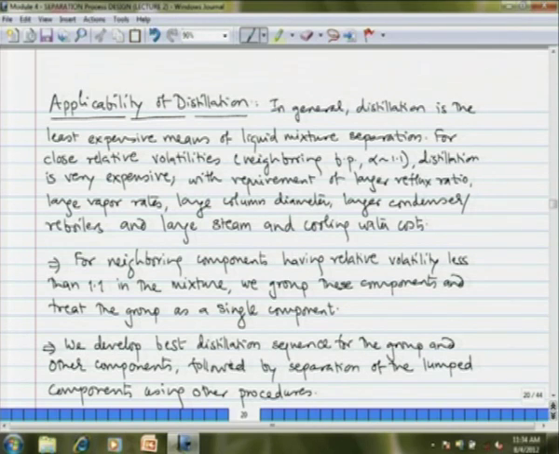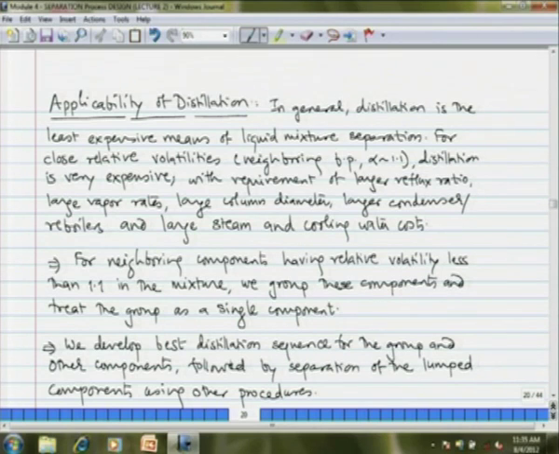For close relative volatilities, neighboring boiling points, or alpha equal to 1.1, distillation can become expensive because of the large number of plates required, or you have to use a high reflux ratio, large vapor rates, and large column diameter, which comes as a consequence of a large condenser and reboiler with high heat duties, and heat duties basically mean large steam and cooling water cost.